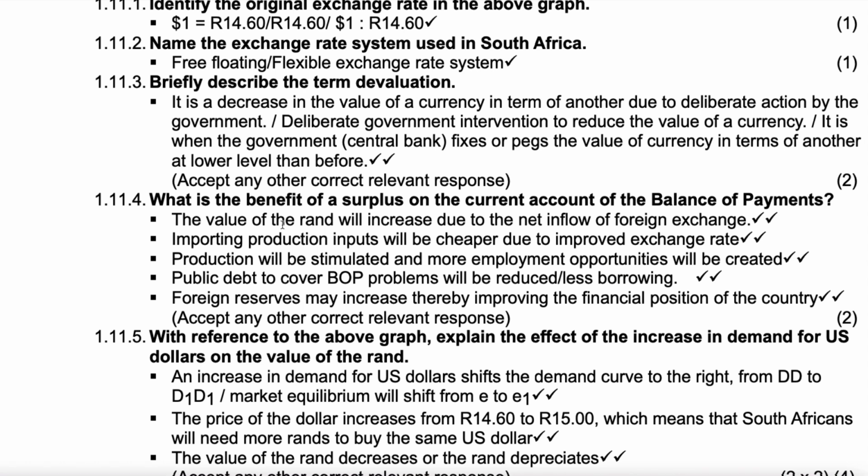But you see it says public debt to cover BOP problems. I said it as government does not have to fund the deficit. So basically it's a good thing because it actually increases reserves. Yes, then they say it here, foreign reserves may increase. So it's a good thing altogether.